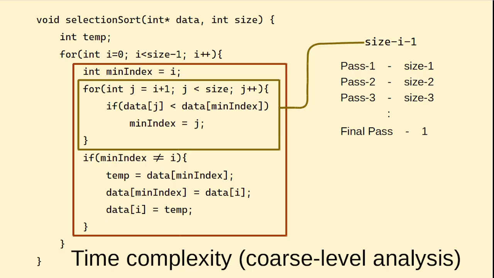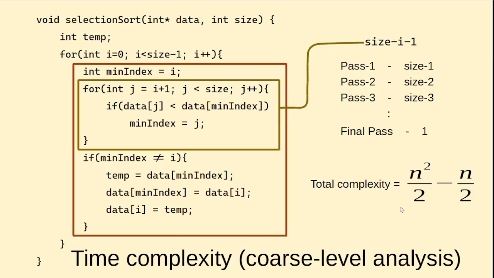Now if we calculate the total computation over all the passes, we need to add these values: 1 plus 2 plus 3 up to size minus 3 plus size minus 2 plus size minus 1. Using the summation formula that I used in the analysis of the bubble sort algorithm in the previous recording, we can get this expression, where we have replaced size by a lowercase n to make the equation easier to explain.